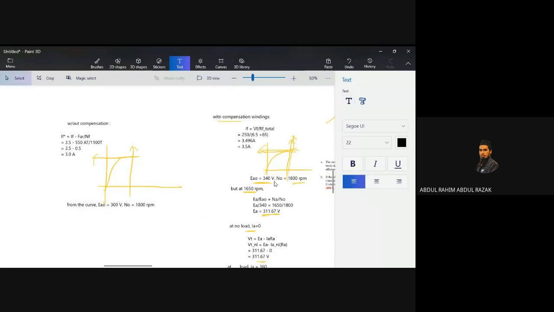Just now 340. Now it becomes only 300 volts.